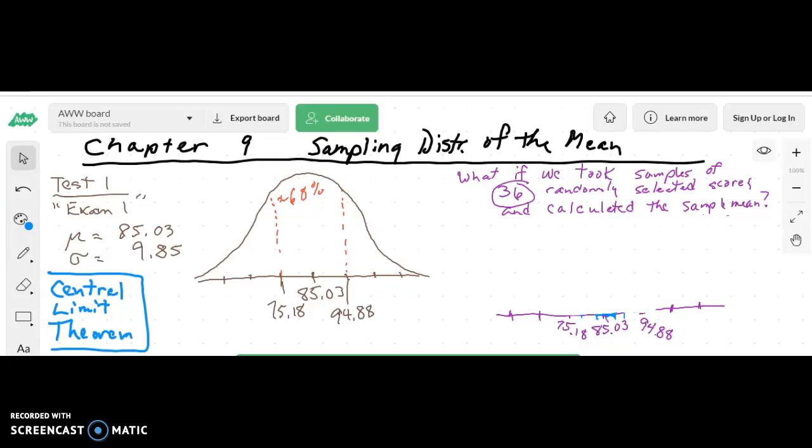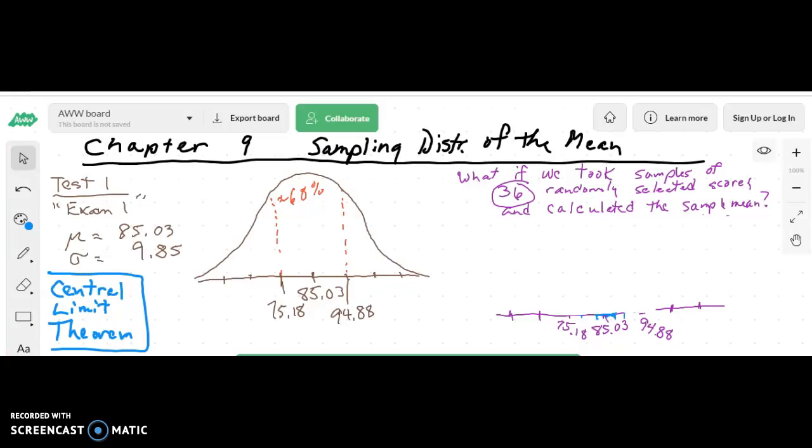What if we took samples of 36 randomly selected scores from that original population and calculated the sample mean of those 36? What would that look like? Where can we expect the average, or the mean, of these 36 randomly selected points to fall in this distribution?